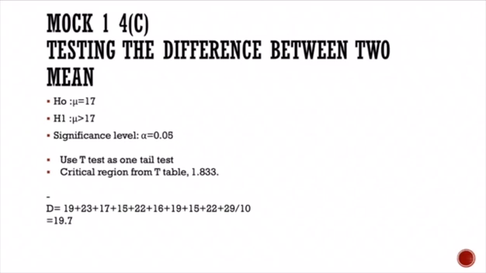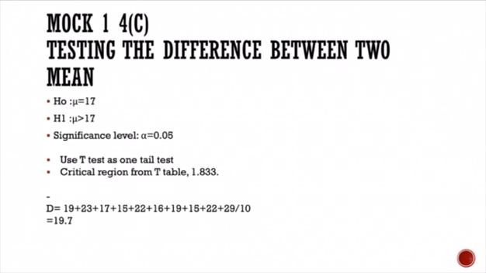All the data is given by the question. So we use the t-test as a one-tailed test. So the critical region from the t-table is 1.833, and then we need to calculate the difference before and after.